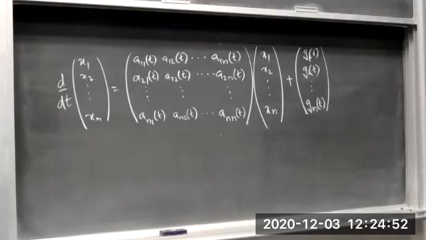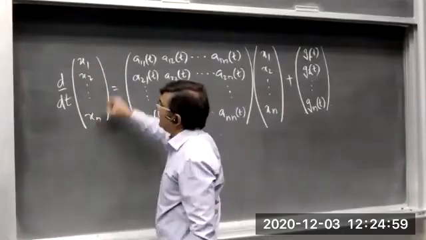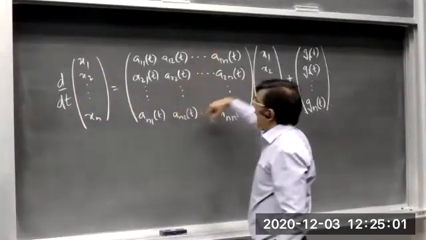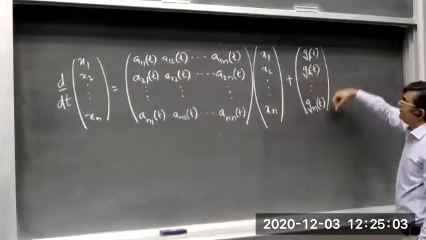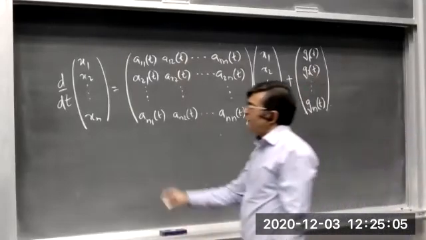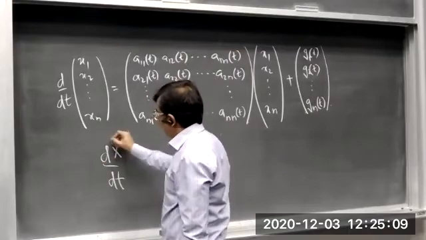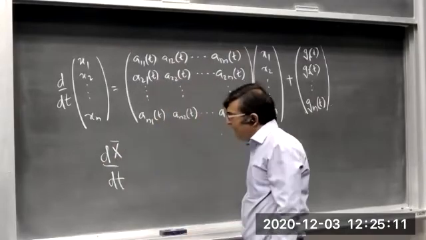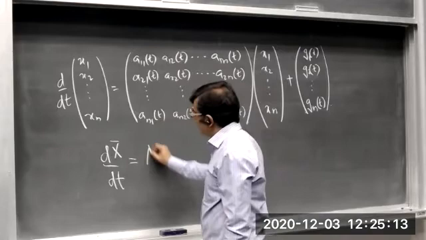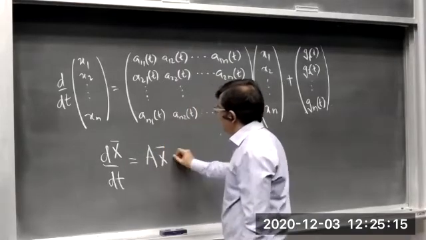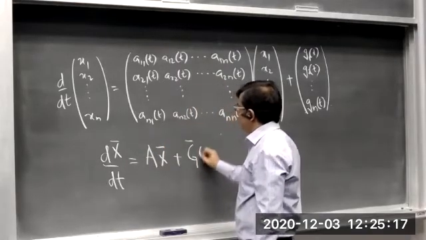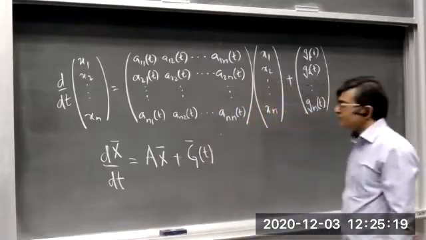So this is how we can write the system into a matrix form, and further, by assuming that this is your x vector, this is your A matrix, and this is your G vector, we can write this as dx by dt. Now x is a vector, you have to put a bar here. It is equal to A times x plus some G vector, which is a function of t only.